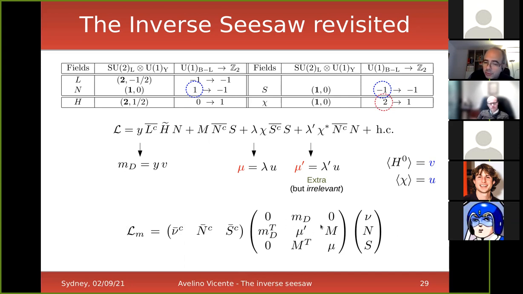This additional entry actually is numerically irrelevant. You can show by using perturbation theory that it enters neutrino masses, of course, but it enters subdominant compared to mu because of this 0 here. This is the crucial point.